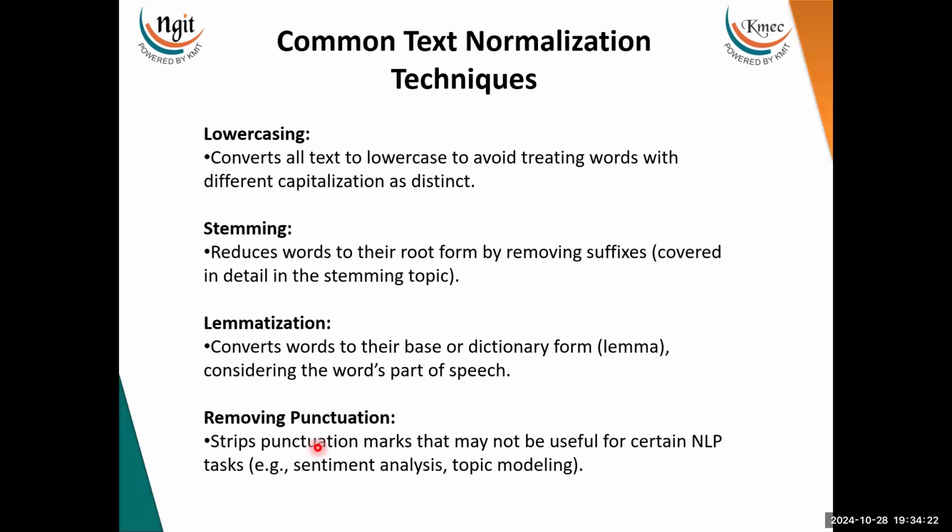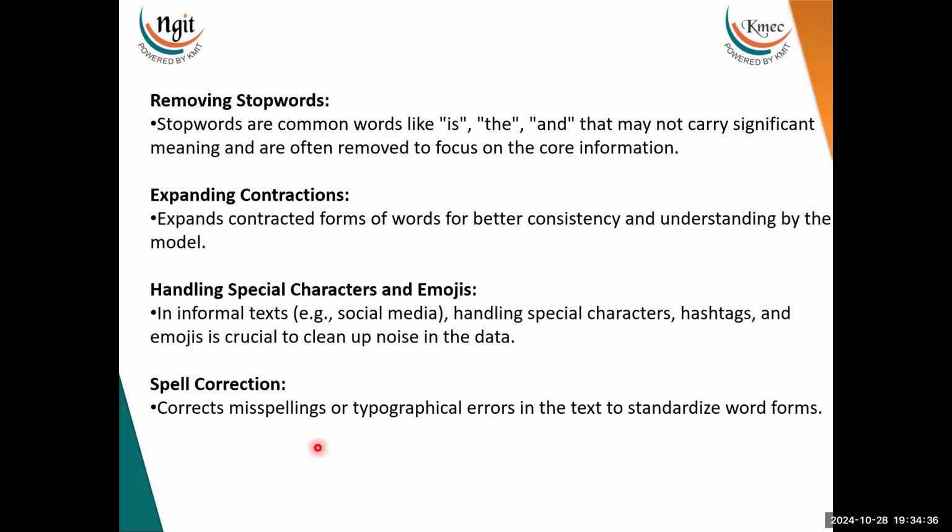Then removing punctuation is the next one. It strips punctuation marks that may not be useful for certain NLP tasks like sentiment analysis and topic modeling. Then removing stop words.